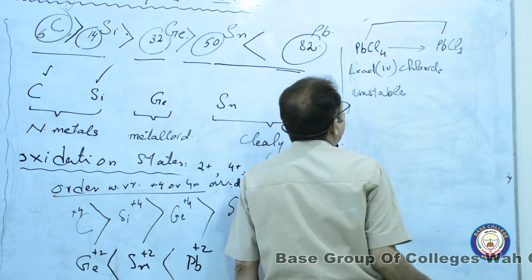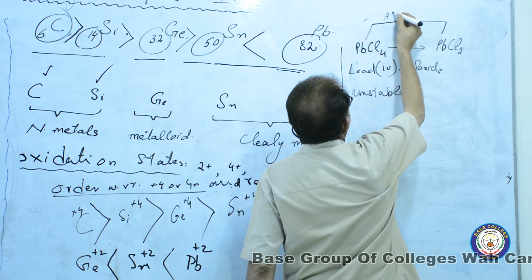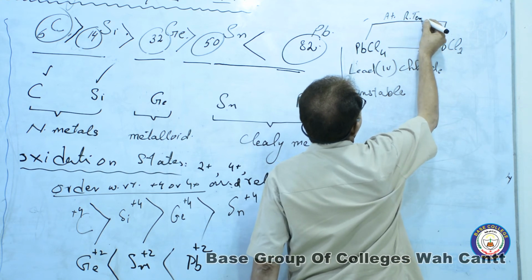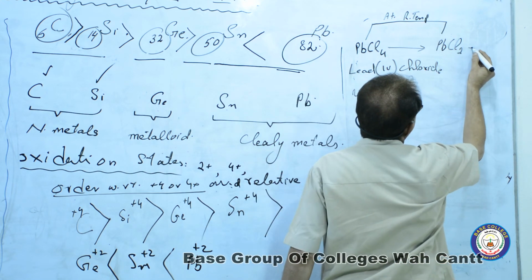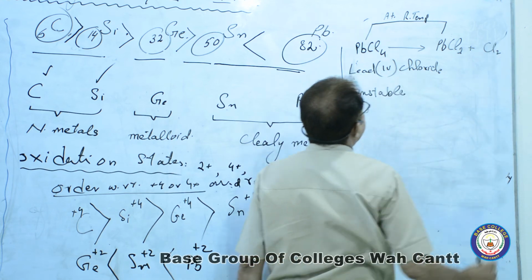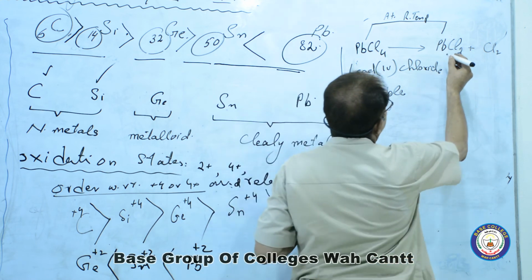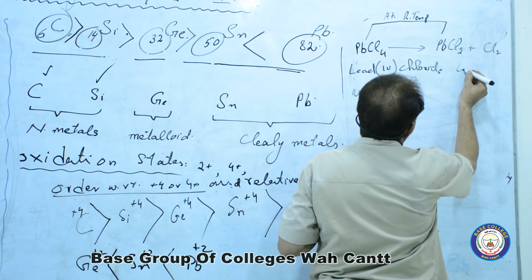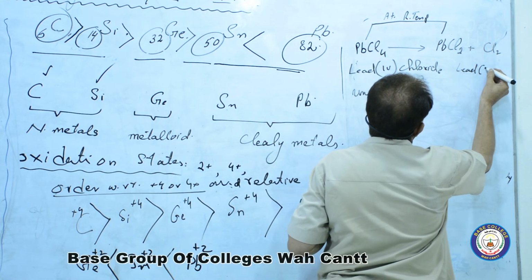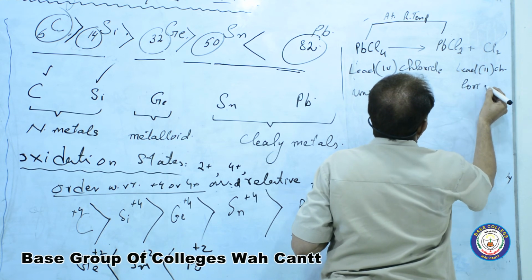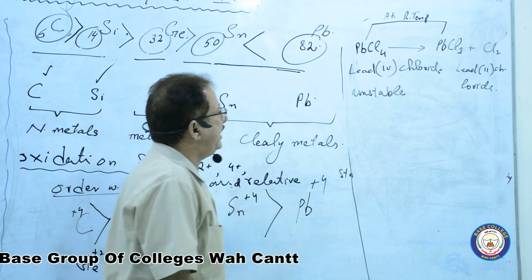It changes into PbCl2 at room temperature, releasing Cl2. This one is lead 4 chloride, while this one is lead 2 chloride.